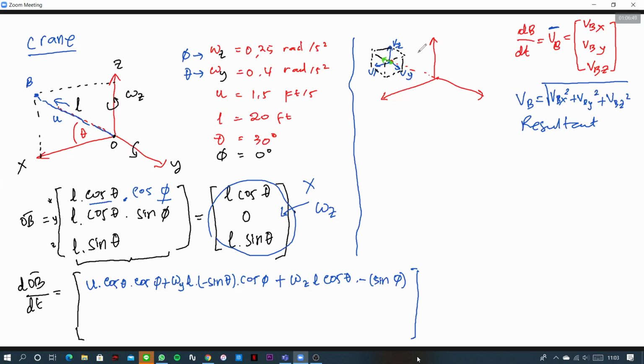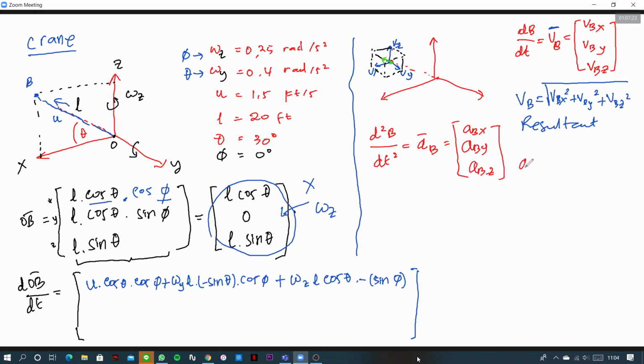Okay, and then how about for acceleration? The same. So acceleration, if you write it in the vector form, so you have d²b/dt² equal to a vector b, so a_b in the x coordinate, and then a_b in y, a_b in z.